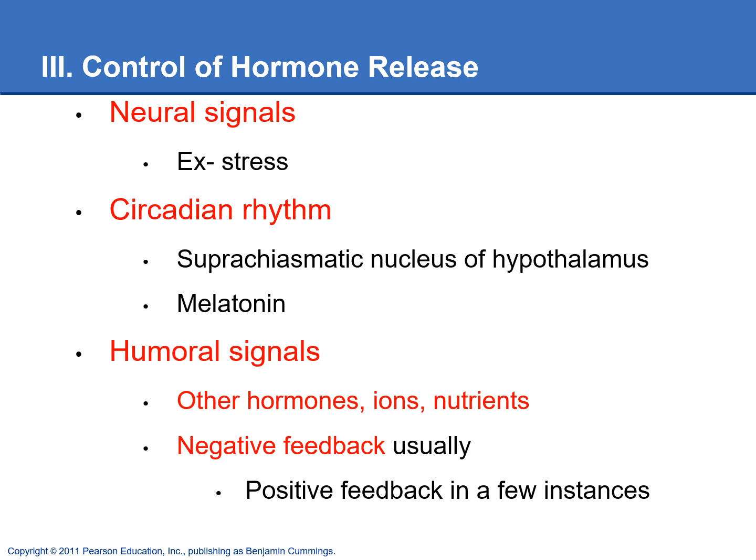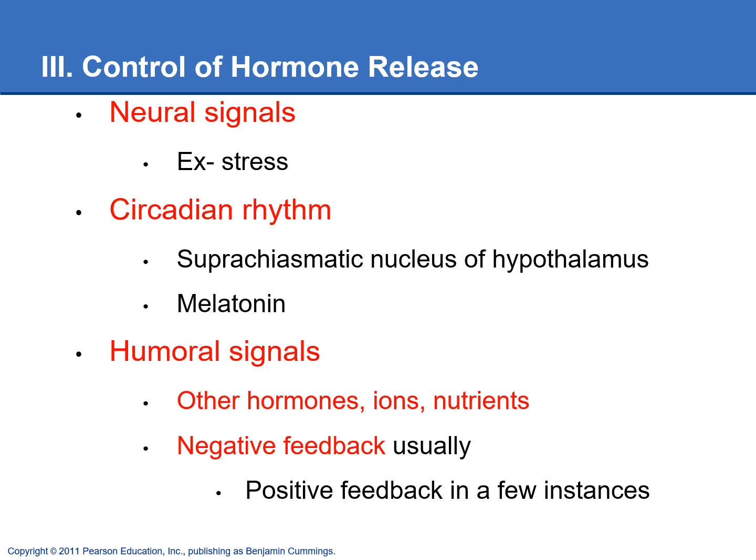And then also from melatonin. Remember, that hormone is secreted by the pineal gland that's in the brain. So that's also involved in controlling the circadian rhythm, those 24-hour cycles. And then humoral signals. Humors is an old term for body fluids, or in this case talking about the blood.